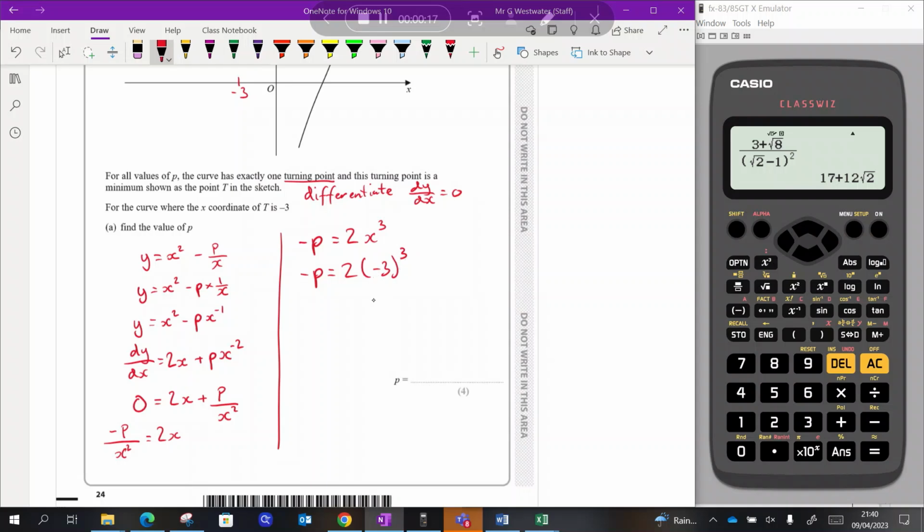Minus 3 cubed is minus 27, so 2 times minus 27 is minus 54. So minus p equals minus 54, and therefore p is positive 54. Okay?